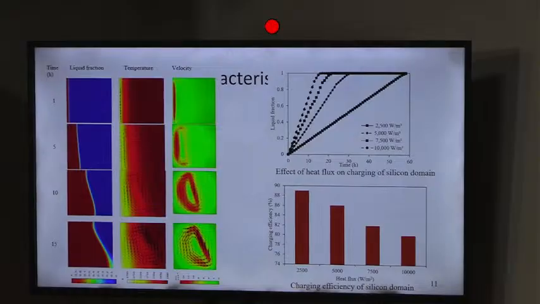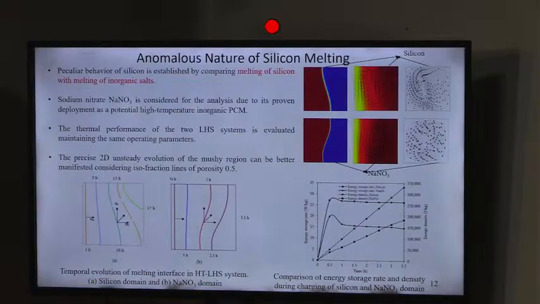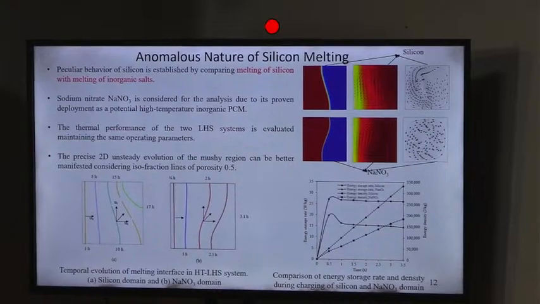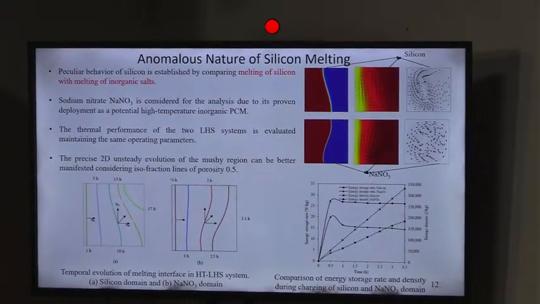So then it was quite a new finding, and we found that it can be utilized for designing a thermal battery utilizing silica as the phase change material. So this was one thing which we appreciated. But if I am speaking about any other inorganic salts, it happens the other way. Once it is liquid, it becomes lighter and goes up, and the heavier solid salt will be on the bottom side.